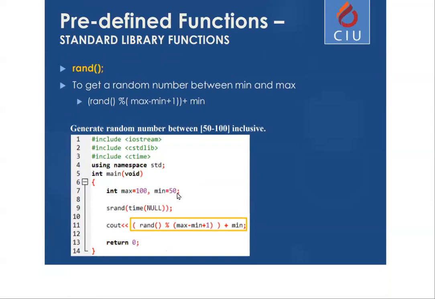For example, when you want to create a random number between 50 and 100: 100 minus 50, 50 plus 1, 51. So you always add plus 1. This means it will generate a number between 0 and 50 plus the minimum, which is 50, then the maximum number will be 100.